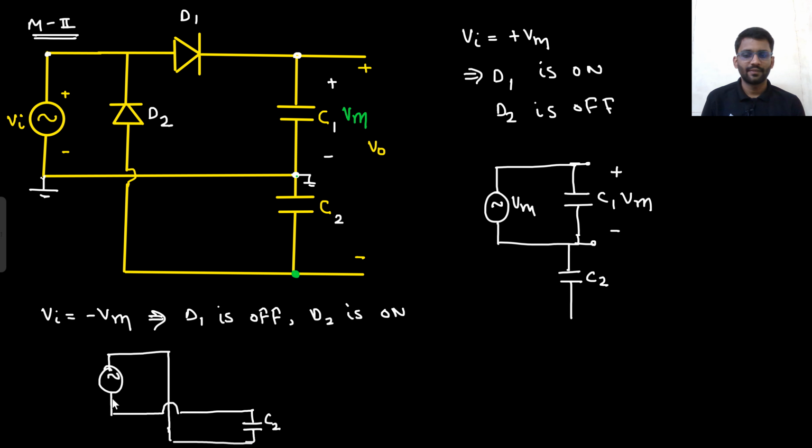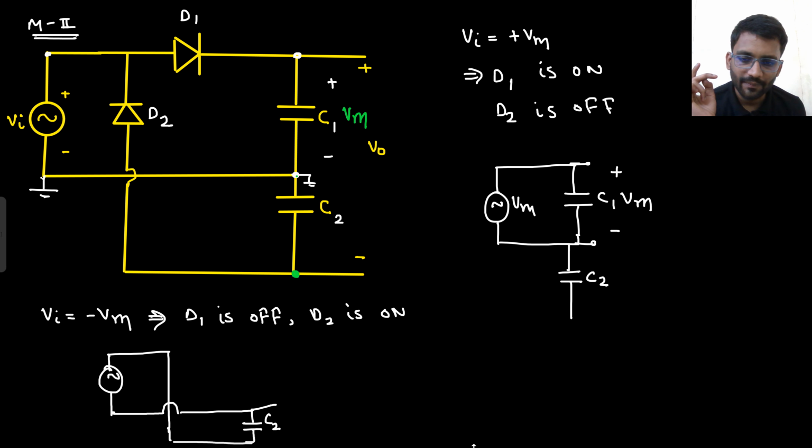Right? Well and good. Now Vin is equal to minus Vm. This potential is minus Vm, and this is your Vin. So what can you write?